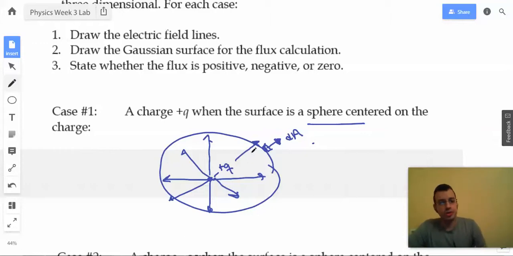They're always going to have an inside and an outside, and so the little squares can be pointing towards the outside, and the electric field at this point is also going to be pointing outward. And these two will be parallel to each other. So specifically, the angle between the two will be 0.